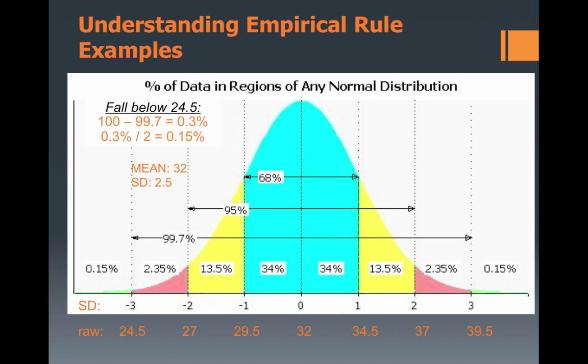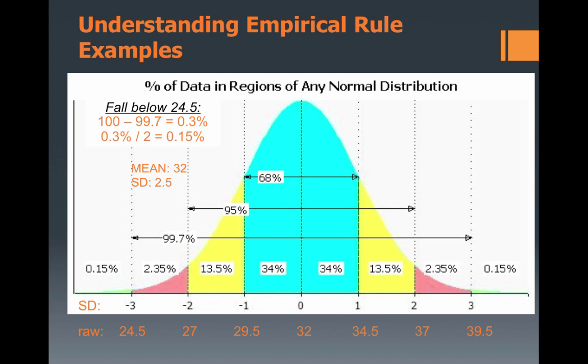So if we look at the entire curve, 100 minus 99.7 gives us 0.3%. This 0.3% is split between both tails, so we divide by 2 to get 0.15%. So 0.15% of all scores fall below an MCAT score of 24.5.